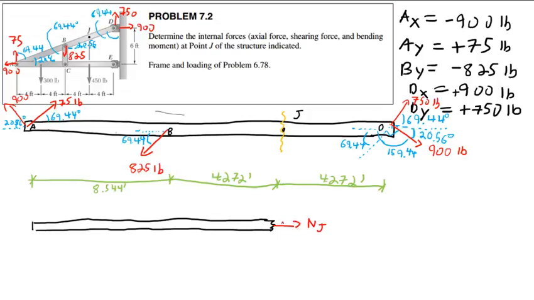I'm going to have VJ, the shear at point J. And notice the direction. I drew it such that it is positive shear according to the sign convention that we saw last time. Again, positive shear will have an upward arrow on the left and a downward arrow at the right. And then moment MJ will be here. Okay.